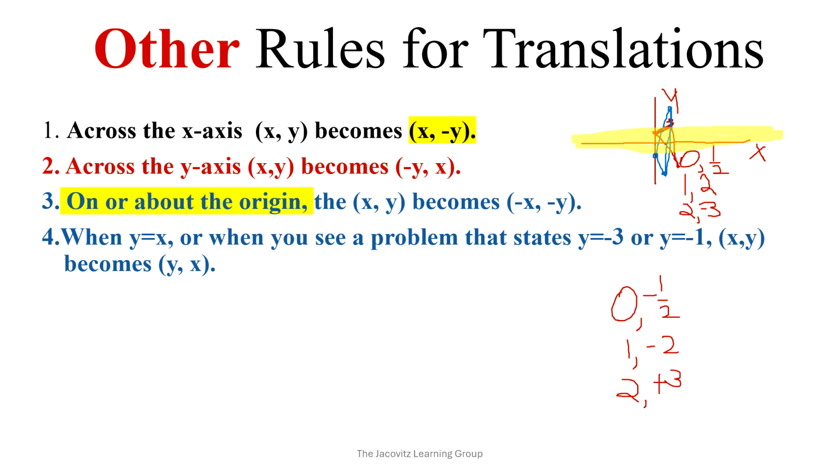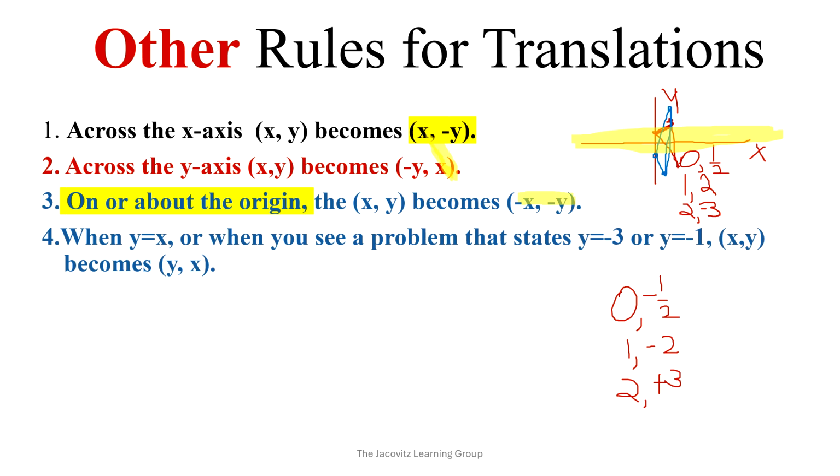Now, if you're going to do across the y-axis, remember the y is going to come and act like it's x. Okay, and so x is going to get pushed back, but it's going to stay positive. If you notice, this is positive and this is positive. The only time x pretty much becomes negative is when you're doing these other rules, and these are your primary rules, really your first rules, when you are on or about the origin, and then they just change shape.